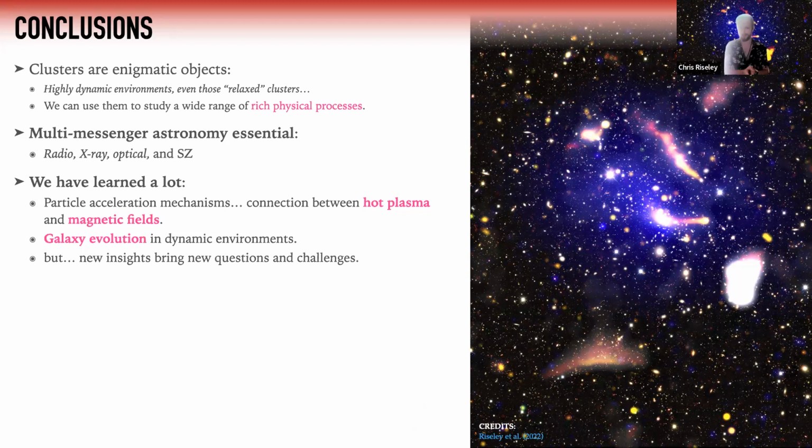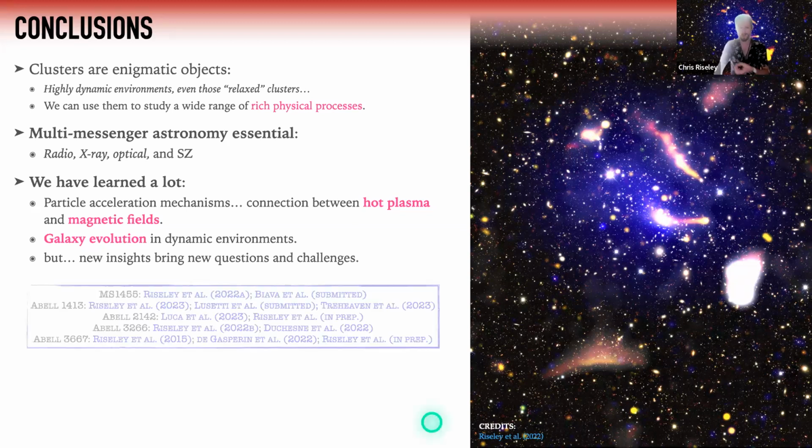But the new insights gained from these works are bringing new questions and new challenges to our understanding of core sloshing in mini halos, particle acceleration in radio relics, how we generate these wrong way relics, how do we generate relics with these kind of broken power law spectra, how do we generate multiple component halos and mini halos. All of these challenges require advances in our understanding.